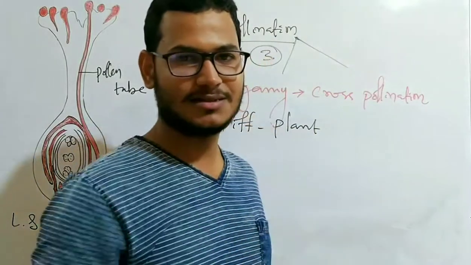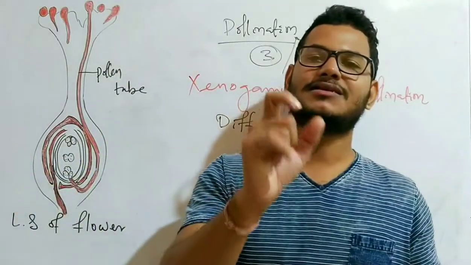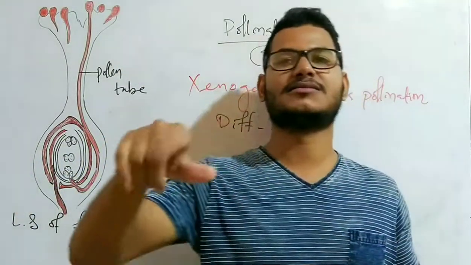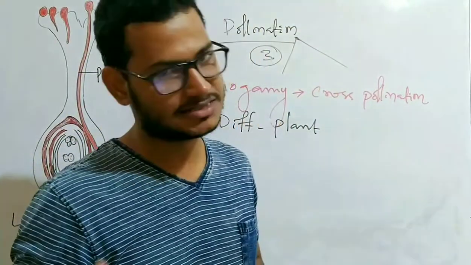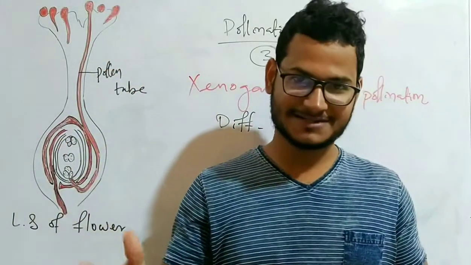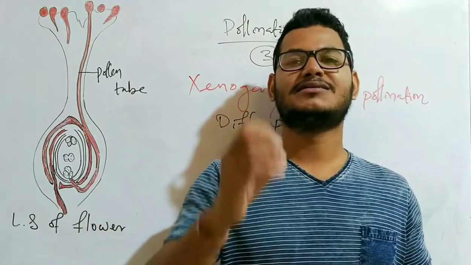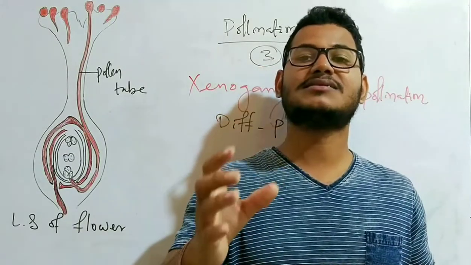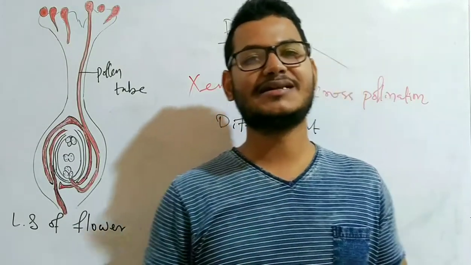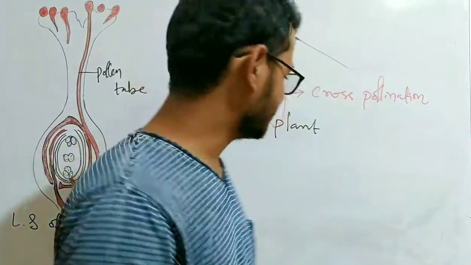So this is cross pollination, where the anther is from a different plant and the female reproductive part, the stigma, is also from a different plant. Clear? So here genetic difference is possible. Genetically different pollen grains come to the stigma.